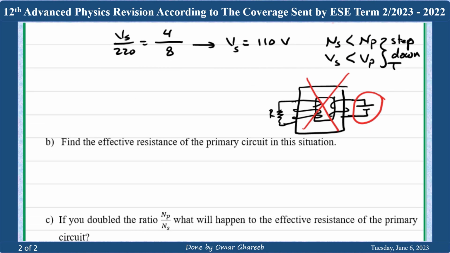We have a formula for RP: NP over NS, squared, times R in the secondary.